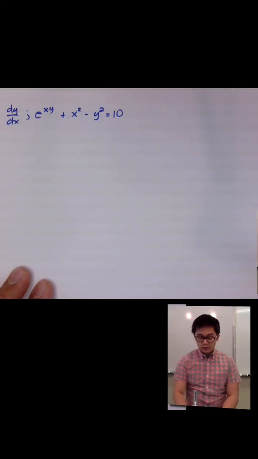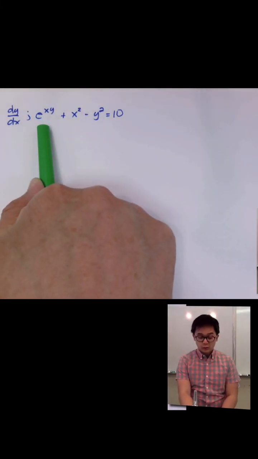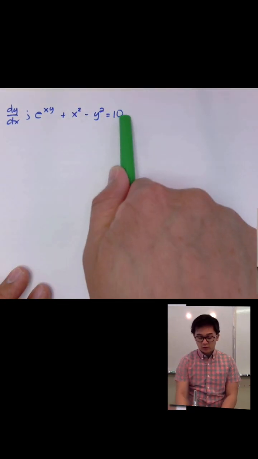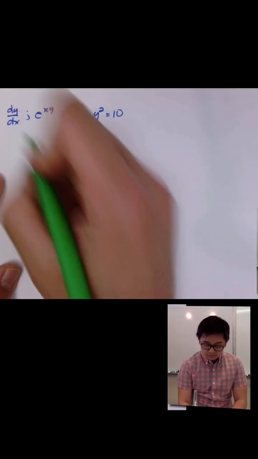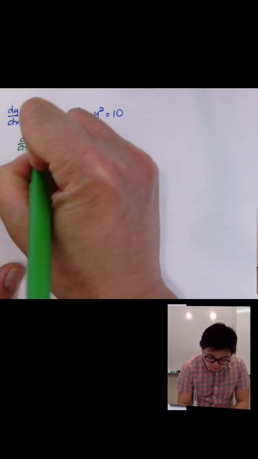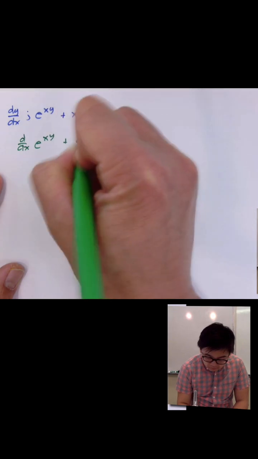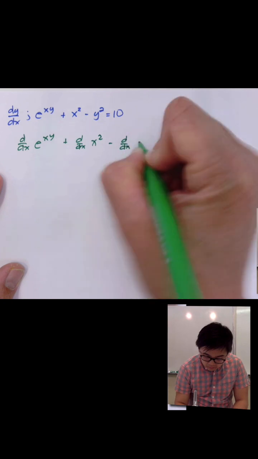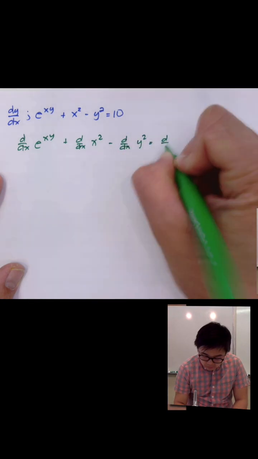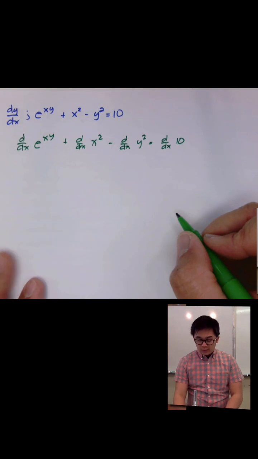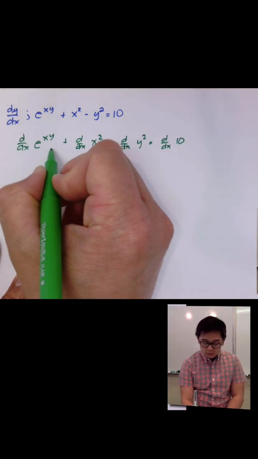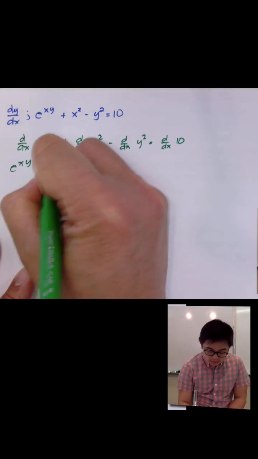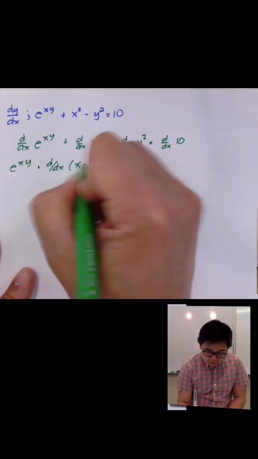minus y squared. So we need to know the derivative rule for e to the u, which is e to the u du dx, and just the power rule and the constant rule for the other terms. So we'll end up with e to the u du dx, so we'll copy e to the xy and take the derivative of xy.